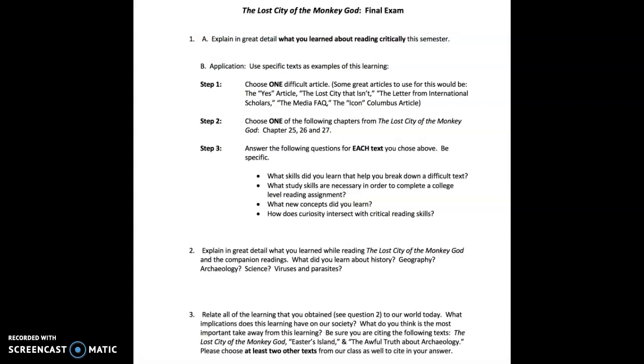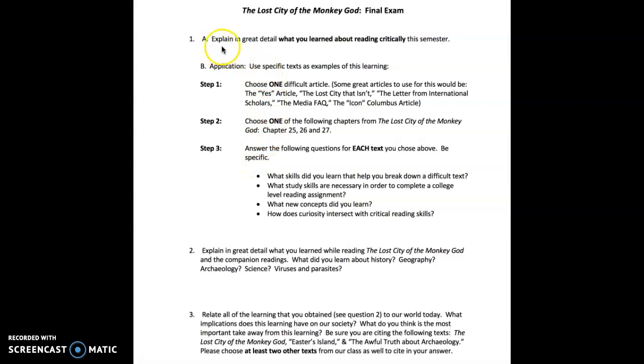I will not be grading anything that is not in the assignment folder for this assignment. Okay? So I just want to be really, really clear. Your document needs to be in the assignment folder before 11:30 on Wednesday, May 13th. If you have any questions about that, please email me. Okay? All right. So let's go over the directions here.